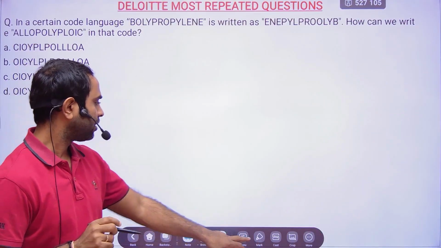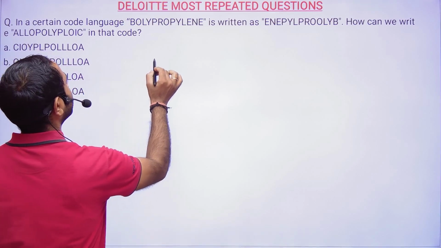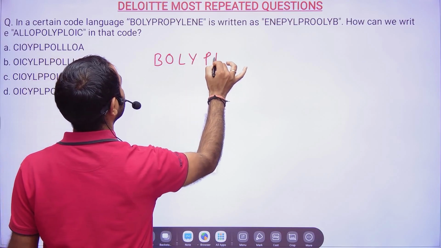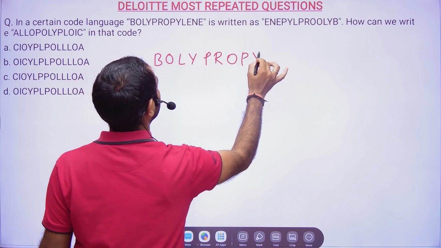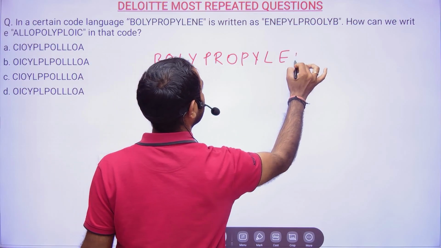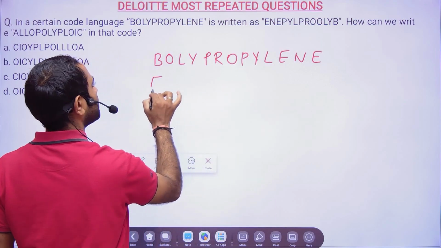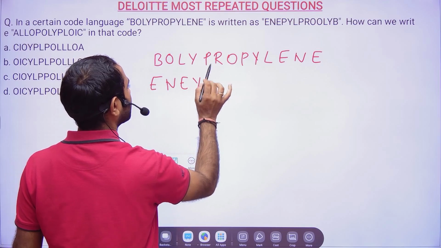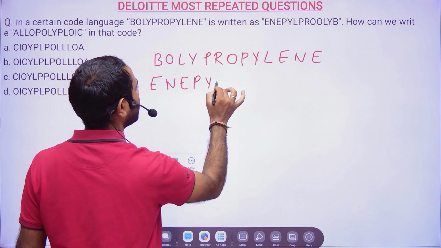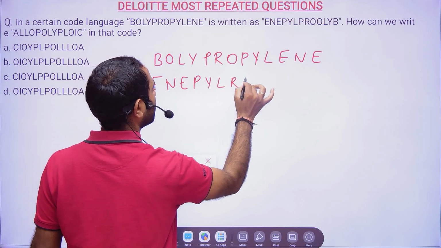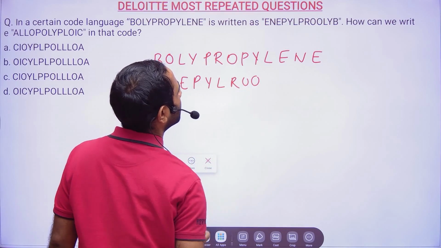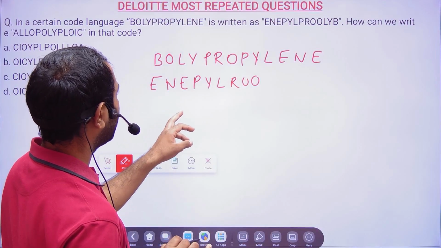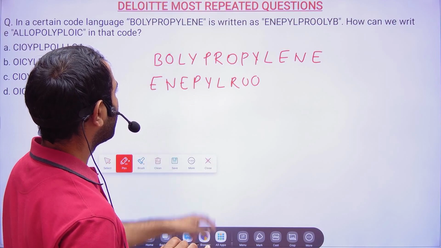In a certain code, BOLYPROPYLENE is written as ENEPYLROOLYB.